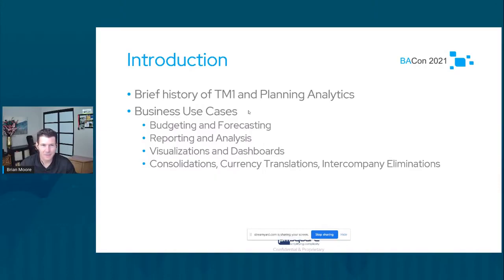You're able to really get granularity on your data, whether that be by product or by customer or by sales rep or by region. The list goes on and on. If you have that level of detail in your source data, it can be analyzed in PA. So it's very powerful on the analysis side, but originally created for budgeting and forecasting, because it does have write-back capability.